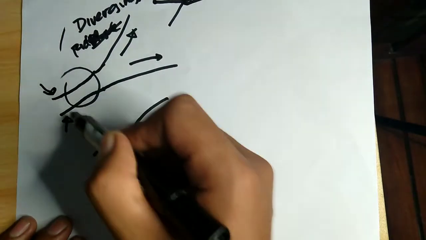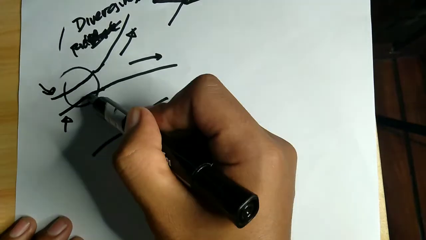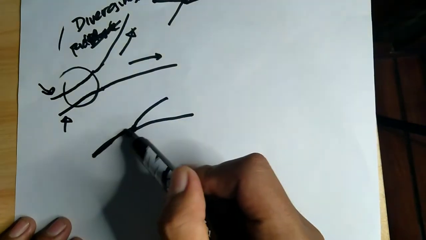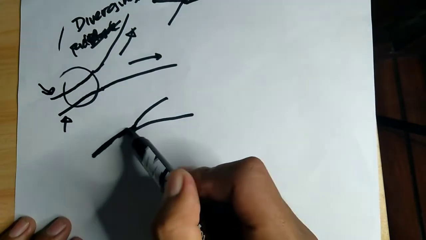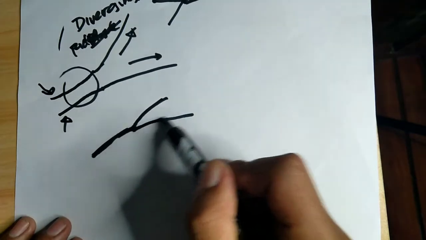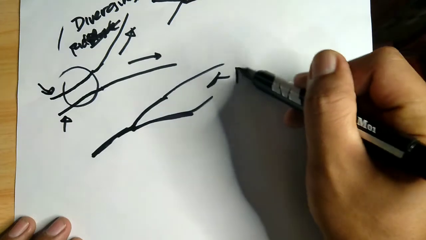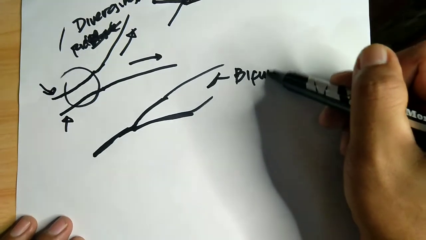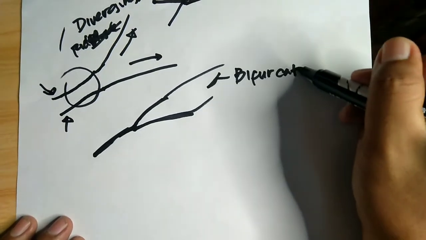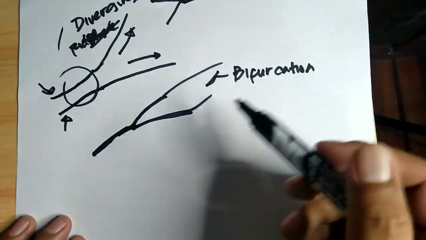Ibig sabihin, hindi sila magkasama, pero magkasabay sila. Dito naman guys, iisang ridge lang yan. Iisang ridge yung pinanggalingan nila, then bigla silang na-split into two. So this is so-called as bifurcation.